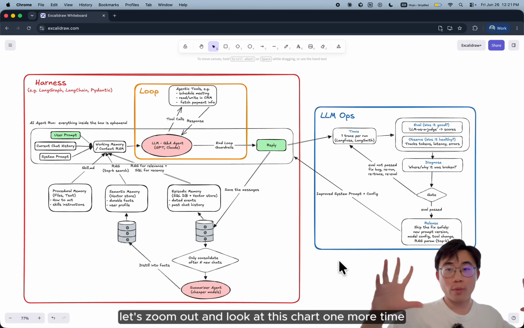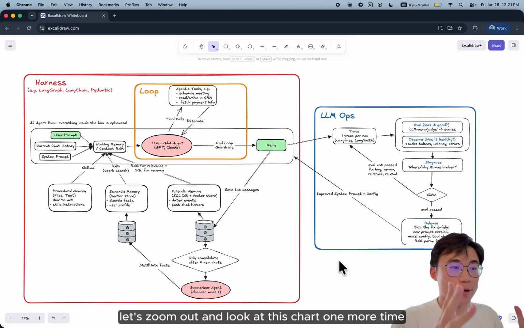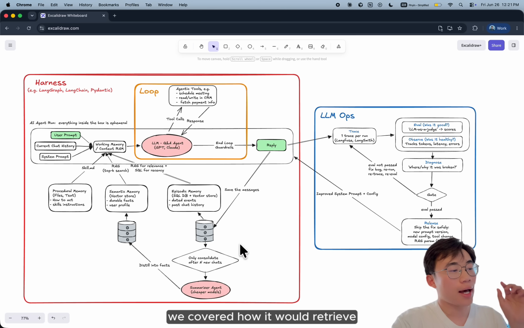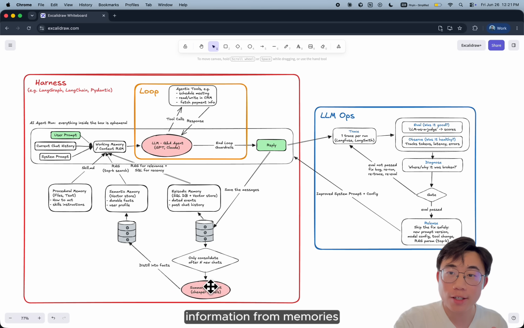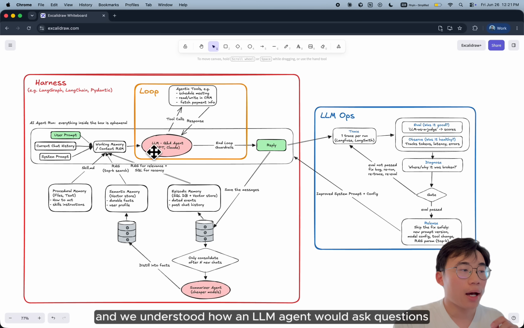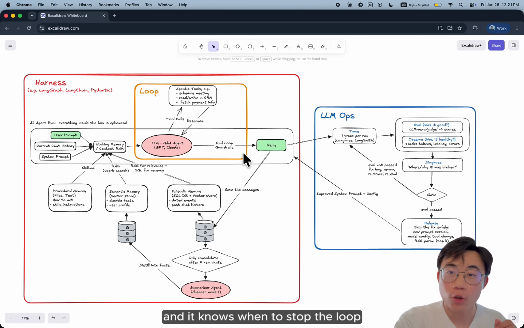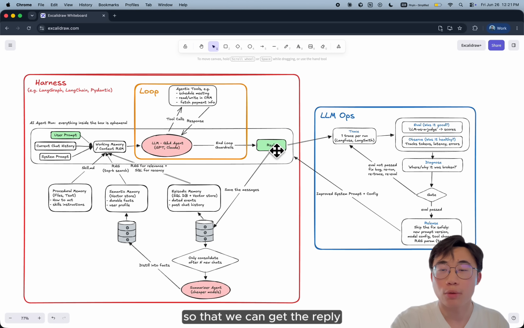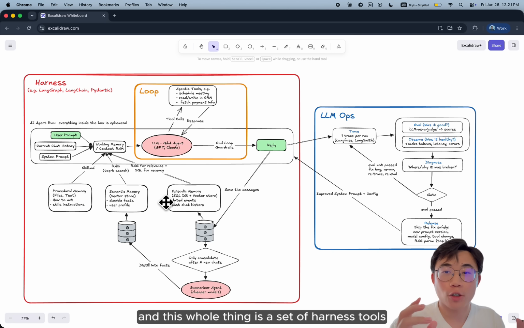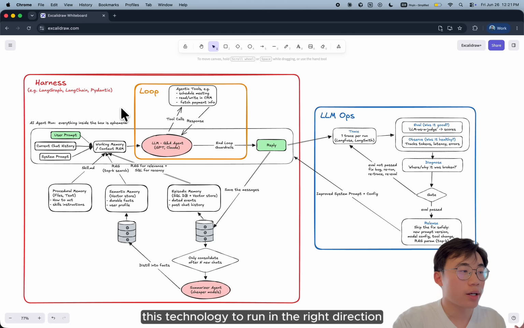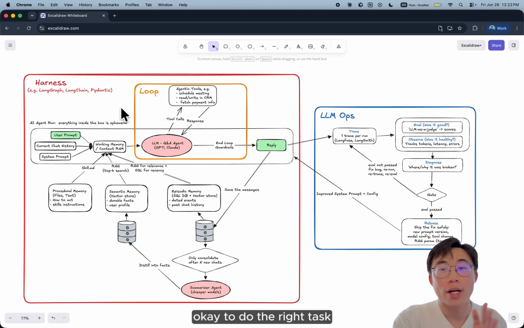So now let's zoom out and look at this chart one more time. We covered what an AI agent run is, how it would retrieve information from memories, and how an LLM agent would ask questions and call tools to help it finish the task in a loop, and it knows when to stop the loop so that we can get the reply. This whole thing is a set of harness tools that we use to control this horse, this technology, to run in the right direction and do the right task.